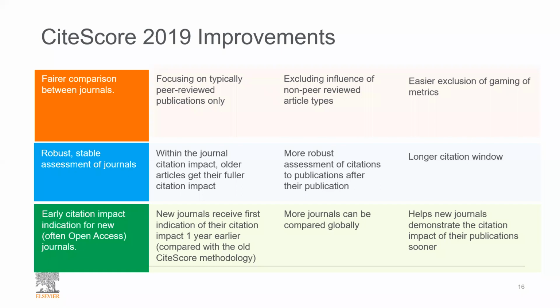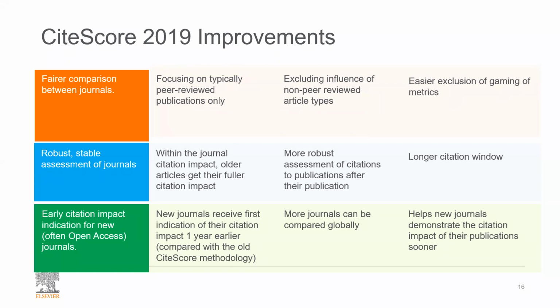Within the journal citation impact, older articles get their fuller citation impact. Let's say I published an article 3 years ago. My citation count when I first published was low. But after 3 years, my paper eventually gets noticed and well cited. That is how it helps the journal's citation impact: older articles get their fuller citation impact.